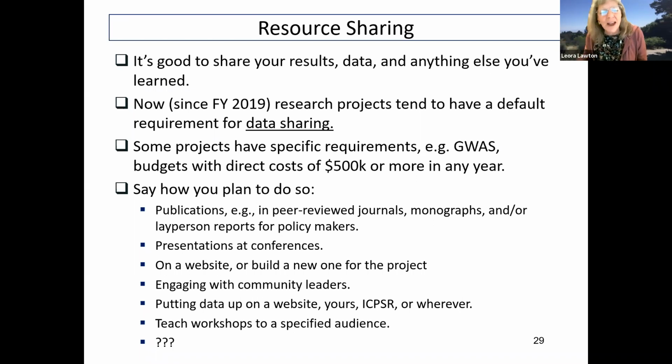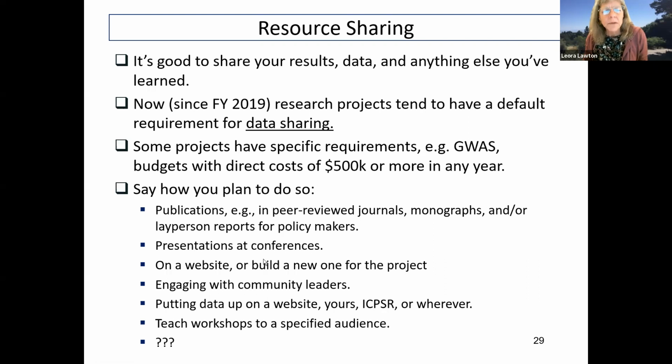So it depends what you're actually asking for. You engage with community leaders. Let's say you're developing a diagnostic tool. Well, you might want to share that with people who would use that tool and give presentations in their groups, not just your own little academic groups. You might put the data on the website, on yours, ICPSR, GitHub. You might teach workshops. You might do whatever it is to get it out there and whatever is appropriate.